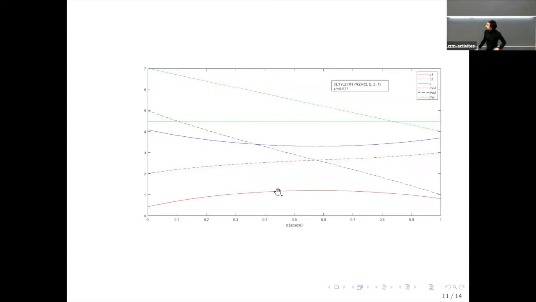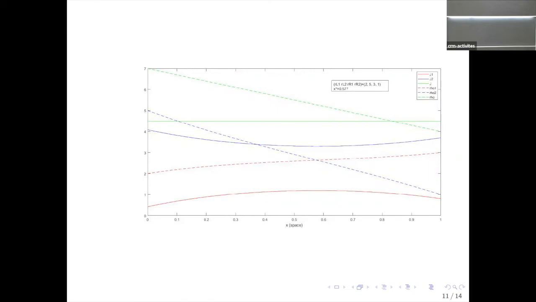So I carried out a simulation. We can notice here that for the first species, the density has a lower value on the left and a higher value on the right. But in this situation, the current of the first species stays always positive.